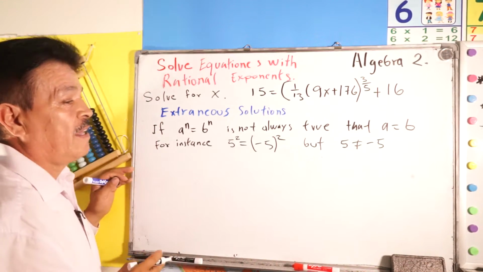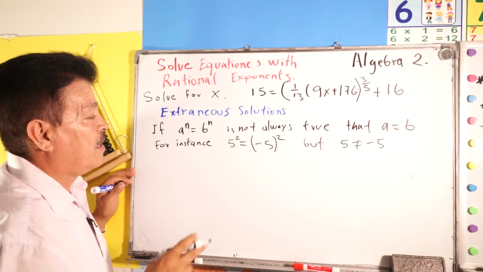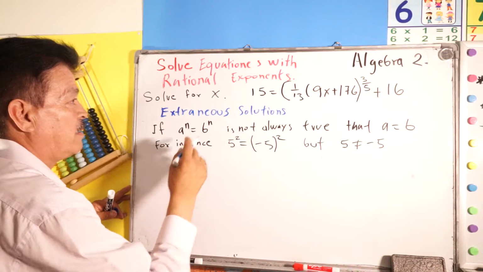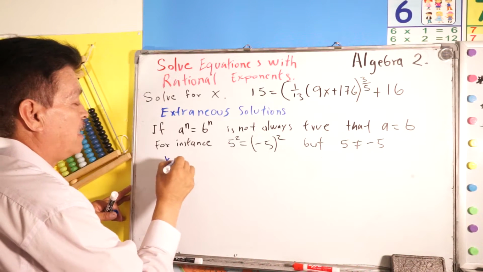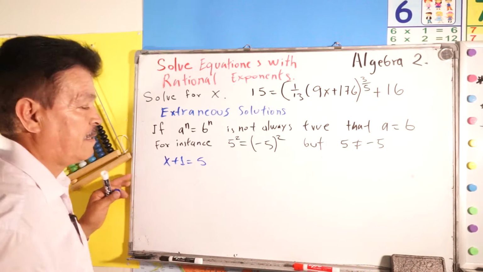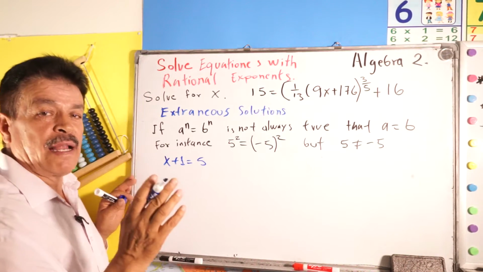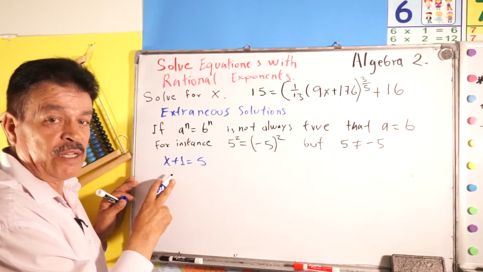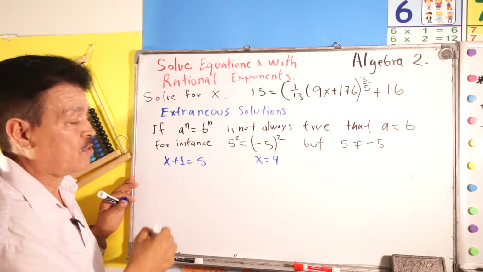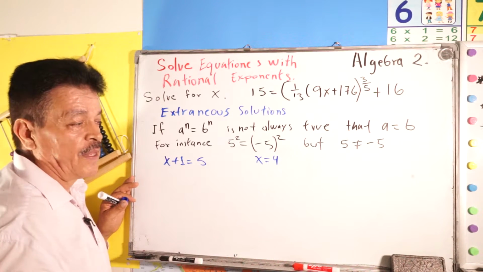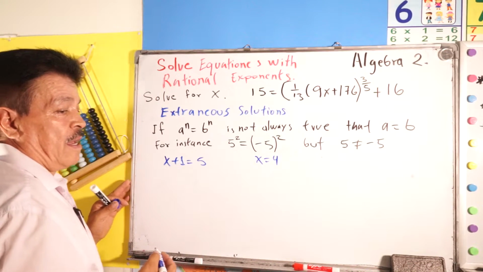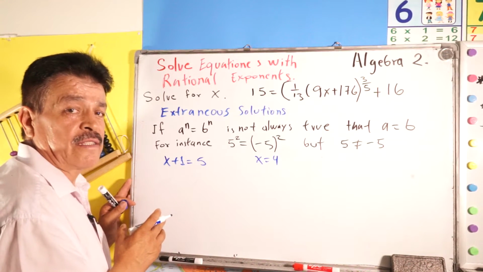See this clue here? Let's try one problem. If we have x plus 1 equals 5, only one value satisfies this equation. Which value? x equals 4, since 4 plus 1 is 5.